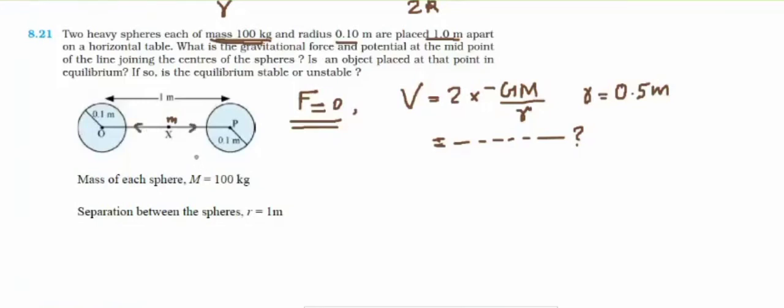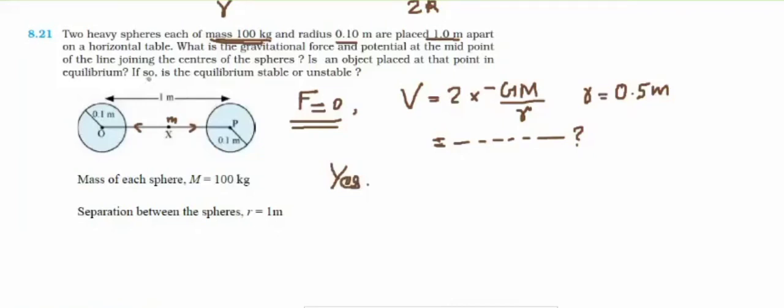As the lines of action are same, there is no possibility of torque. Torque is 0, force is 0. Therefore, we can say the object placed at that point X is at equilibrium. So answer is yes. The object at the null point is at equilibrium.